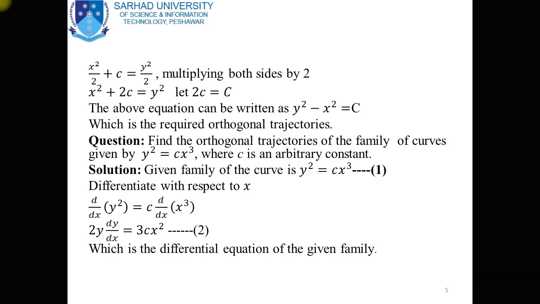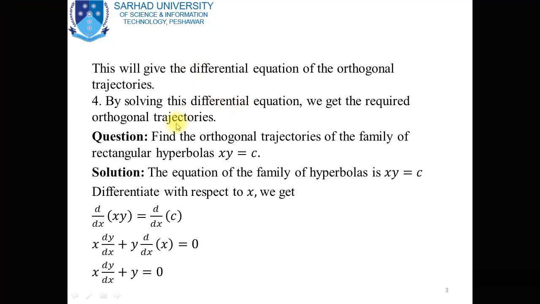So dear students, I would like to tell you again, note how to find an orthogonal trajectory. The procedure is, first of all, note that we have an equation, a function of a family of curves, and we want to find another family of curves which is orthogonal to this family.